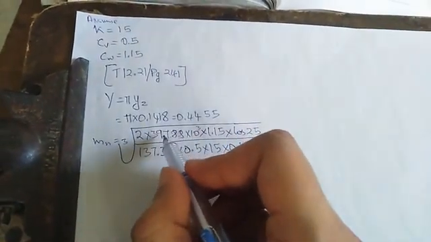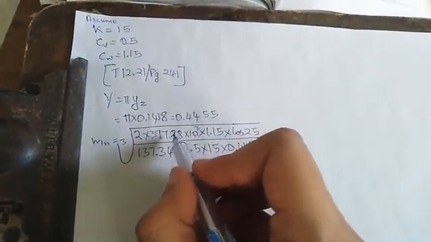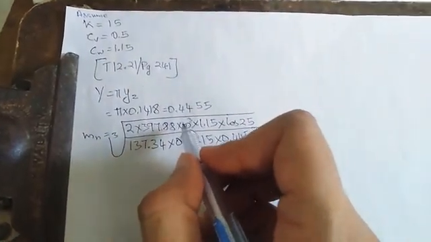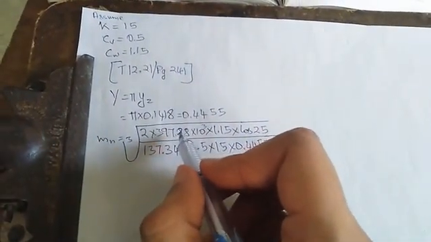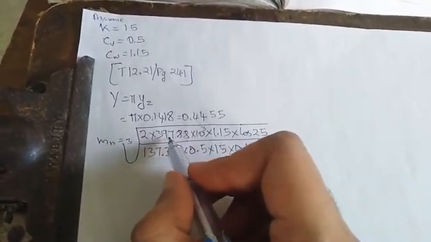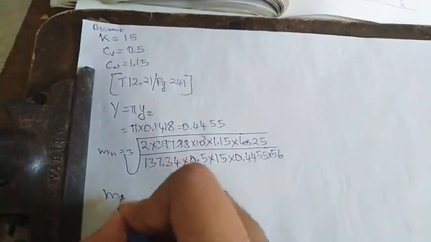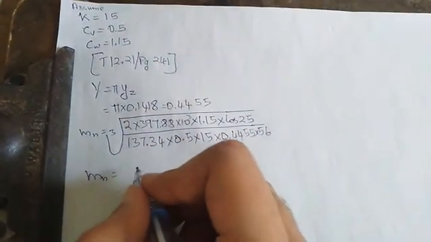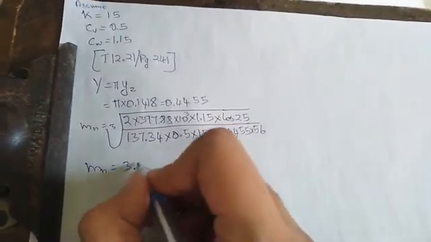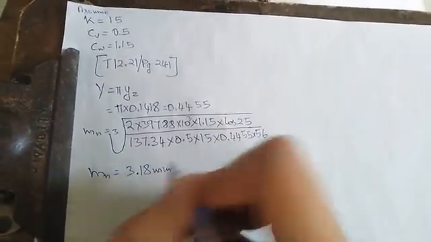Here I have converted the value 397.88 Newton meter by multiplying by 10 power 3 to get it in Newton mm. Now the module which I get from this equation is 3.18 mm.